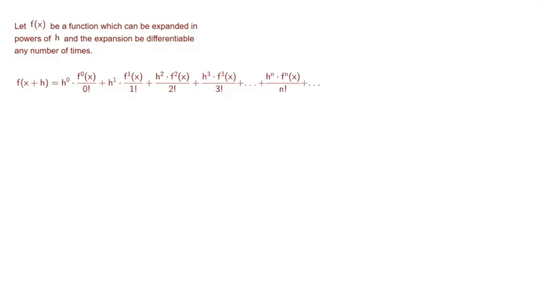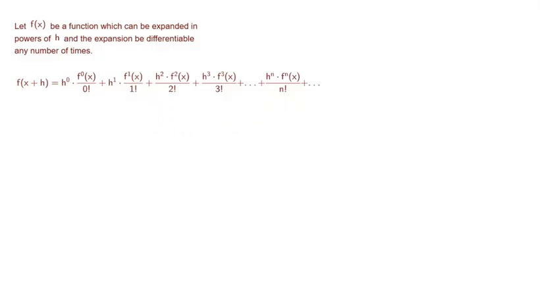What that means is we have a function f of x plus h is equal to h to the power of 0 times f0 of x by 0 factorial plus h to the power of 1 times f1 of x by 1 factorial plus h square times f2 of x by 2 factorial plus h cube times f3 of x by 3 factorial and so on. So our general term will become h to the power of n times fn of x by n factorial.